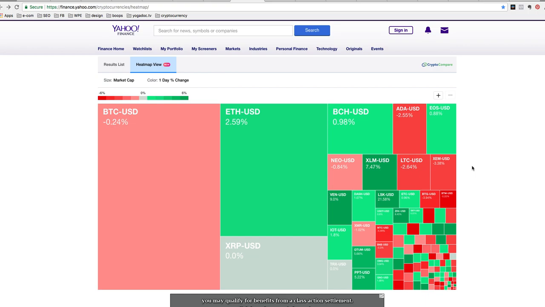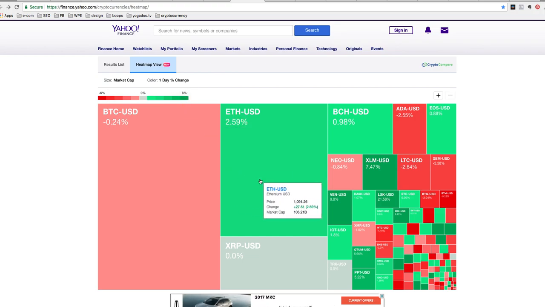So this only ranges from -6% to +6%. So it's a little bit, as I said, on the weak side for cryptocurrency markets.